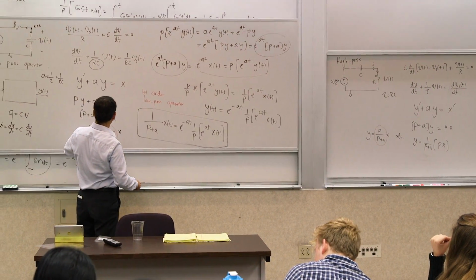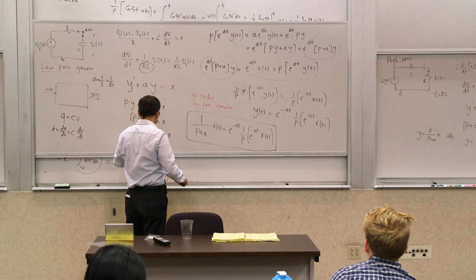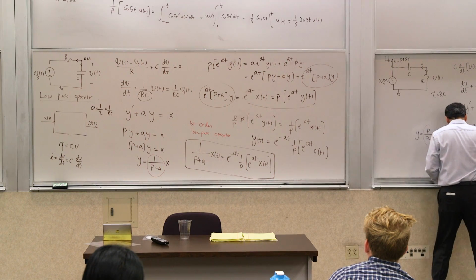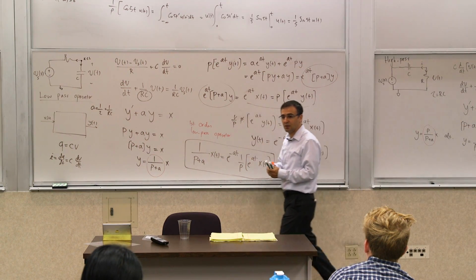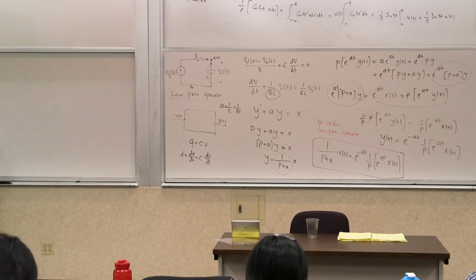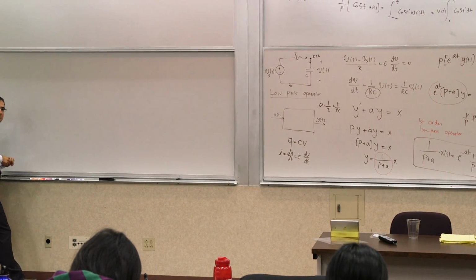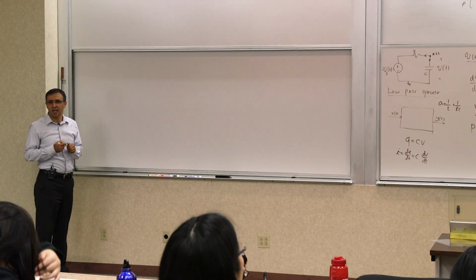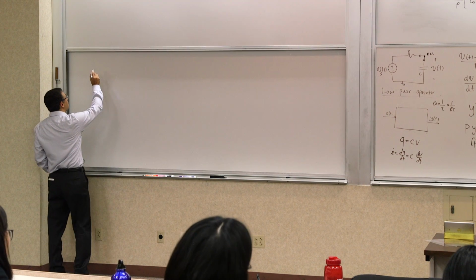So what can we do? What are some of the things we can do with that? So let's move on to this board. And you may say, OK, fine, but that solves a first order differential equation. Well, let's say you have a second order differential equation.